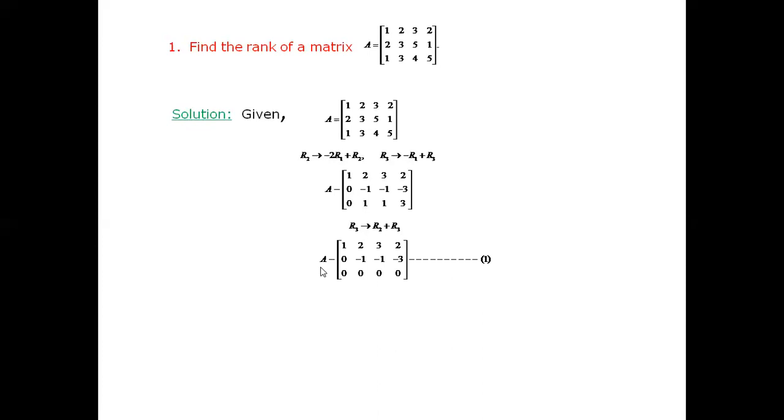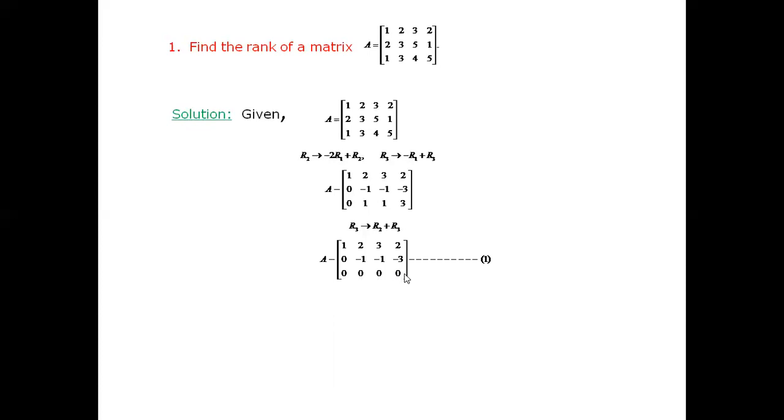So we get A is equivalent to 1, 2, 3, 2. The second row I'll keep as it is: 0, minus 1, minus 1, minus 3. And for the third row, if I add simply, 0 plus 0 is 0, minus 1 plus 1 is 0, minus 1 plus 1 is again 0, minus 3 plus 3 is 0. So this is the zero row.